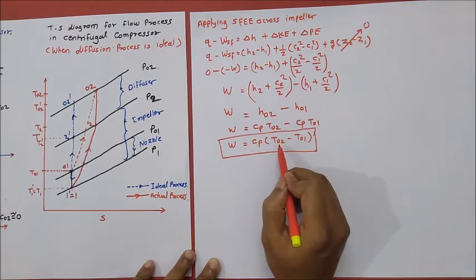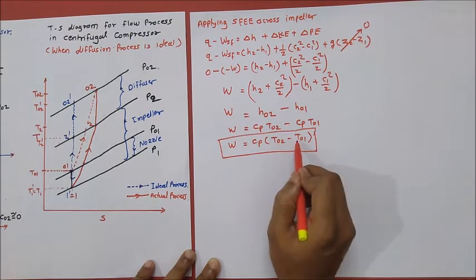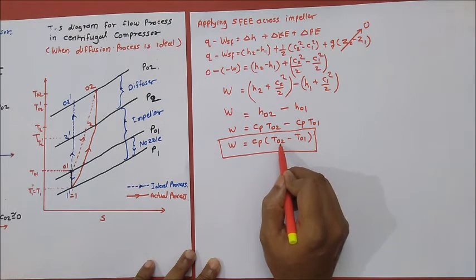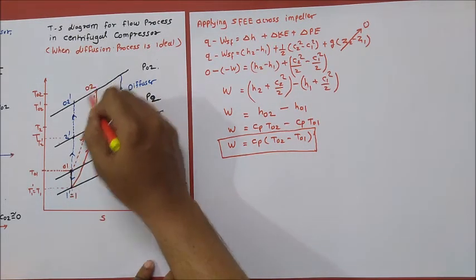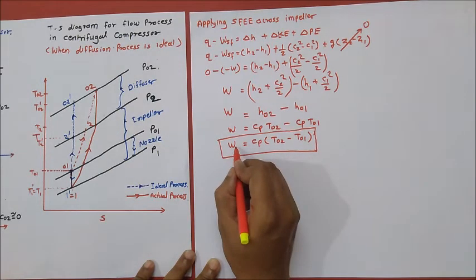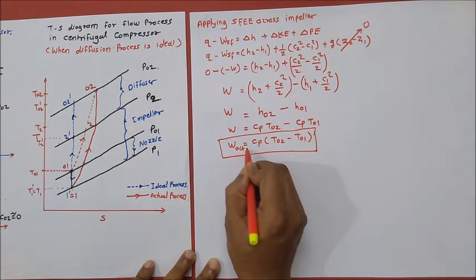Now if we observe, the states at which these temperatures are taken are 02 and 01, which are the actual states, and therefore this work supplied to the compressor is actual work.